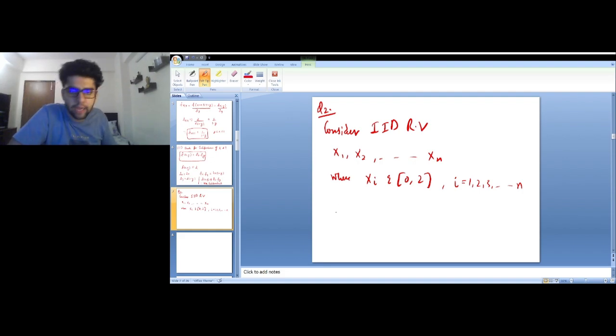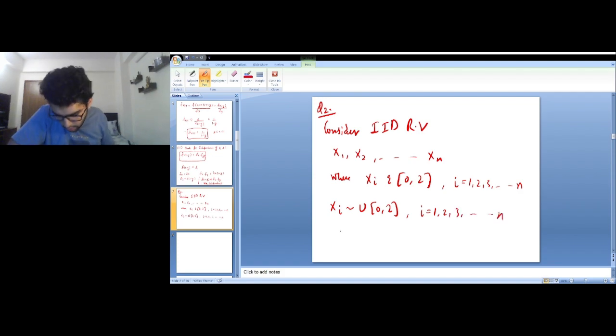Each of these random variables is uniformly distributed on 0 and 2, where i is 1, 2, 3 till n.